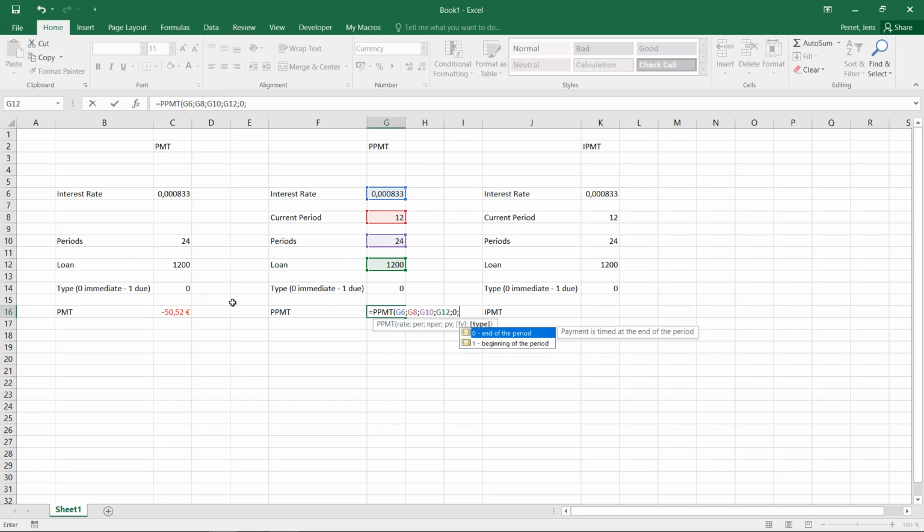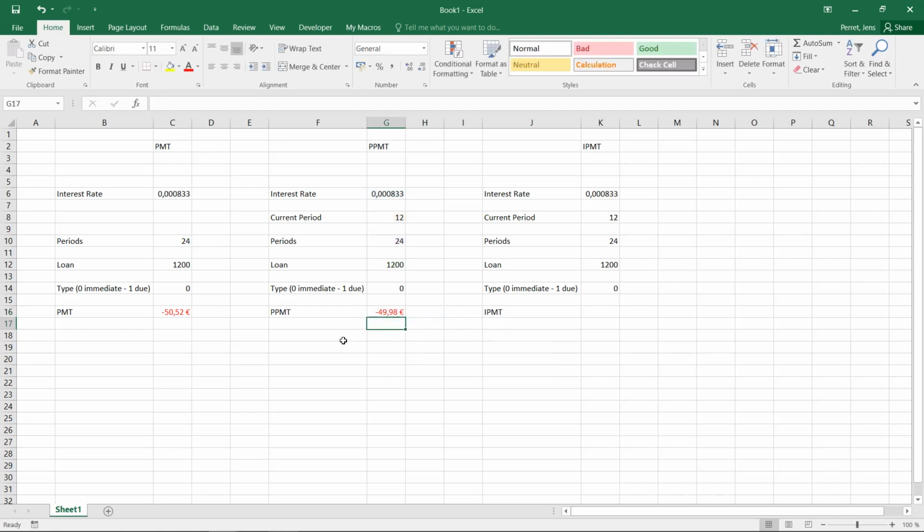Finally, the last type: when should the different payments occur? Should they occur at the beginning of the month or at the end of the month? At the end of the month would be an immediate payment, at the beginning would be a due payment. Here I'm selecting 0 for the simple reason that in this case I also have 0, to make it comparable.